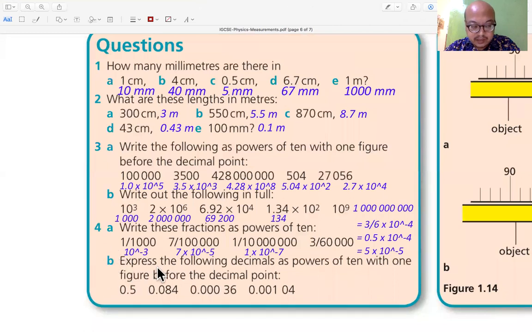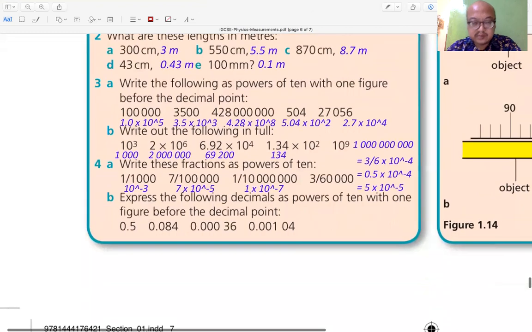B question: express the following decimals as powers of 10, with one figure before the decimal point. This is 5 times 10 power minus 1.